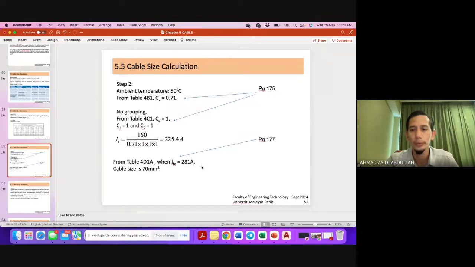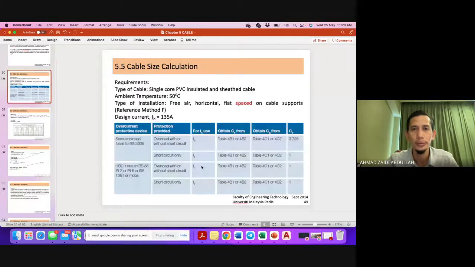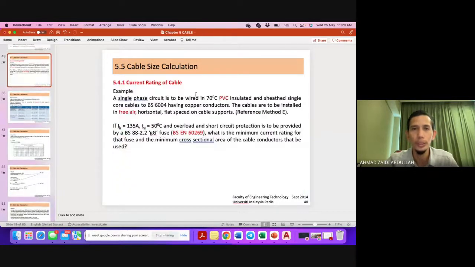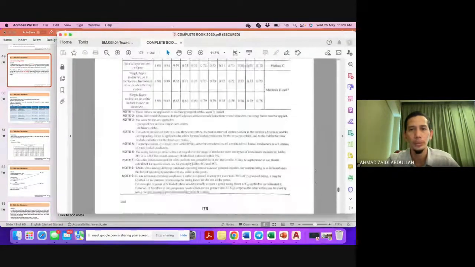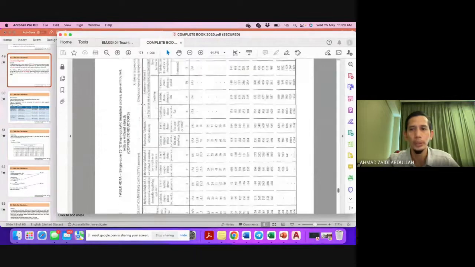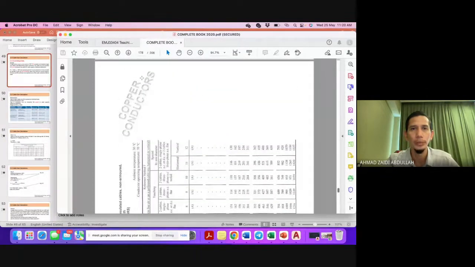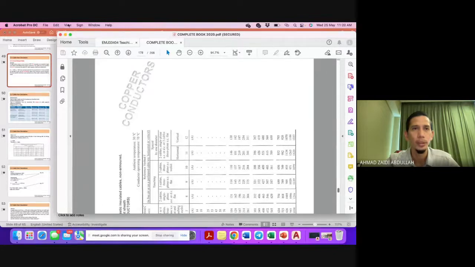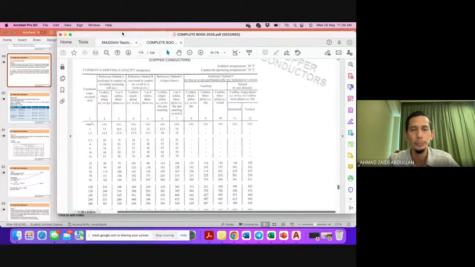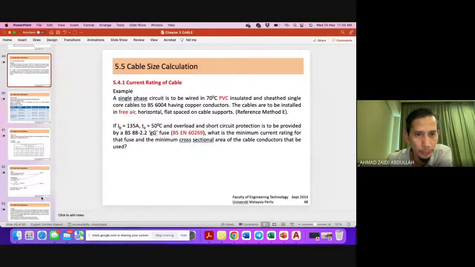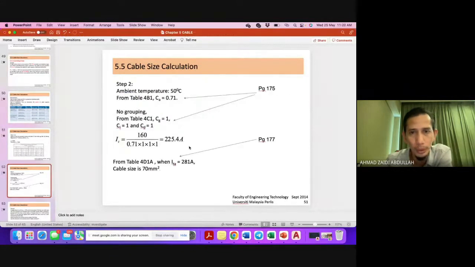This is a single phase circuit, so we open page 178. I'll rotate it a bit. Single phase. What did we calculate earlier? 225 A. So 225 A, single phase.